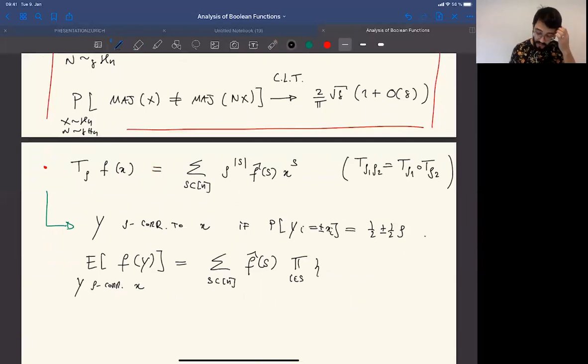What is the expectation of y_i? It'll be x_i times the probability I have, and then minus x_i, the same with the minus, and this will be what?